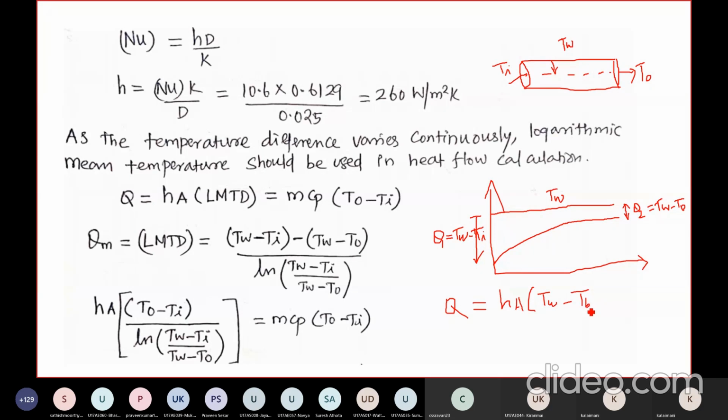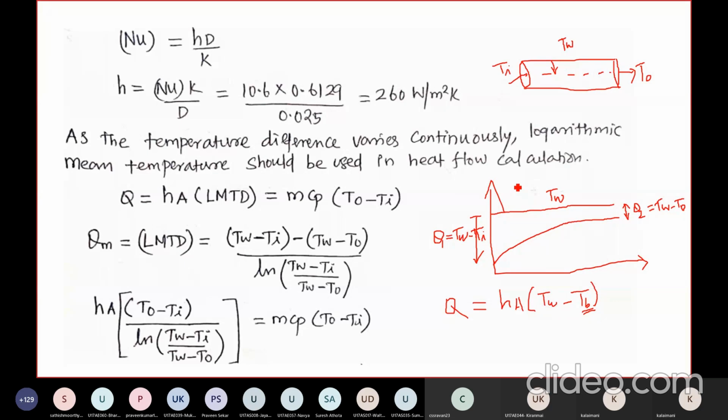Here Tb is the bulk mean temperature, the average of the inlet fluid temperature and the outlet fluid temperature. If it varies linearly, then this expression is suitable. But here the temperature increases suddenly, after that it stays constant.